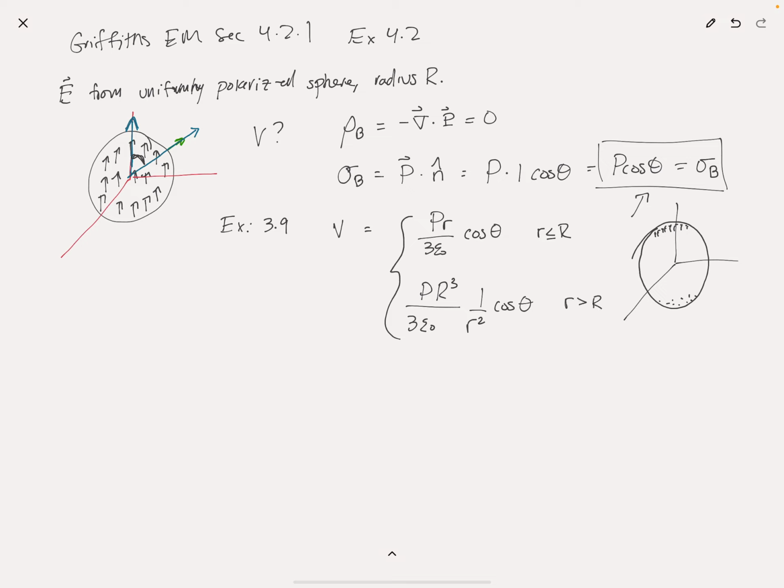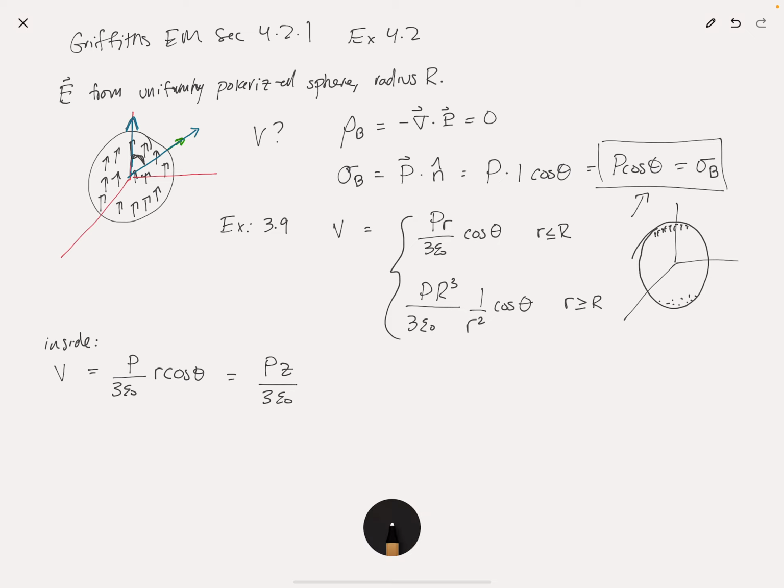We know that potentials are continuous at surfaces, so I can even write when r is greater than or equal to capital R. Let's first look inside. I have the potential being P over 3 epsilon naught times r cosine theta, and r cosine theta is really just z. So that's P z over 3 epsilon naught.